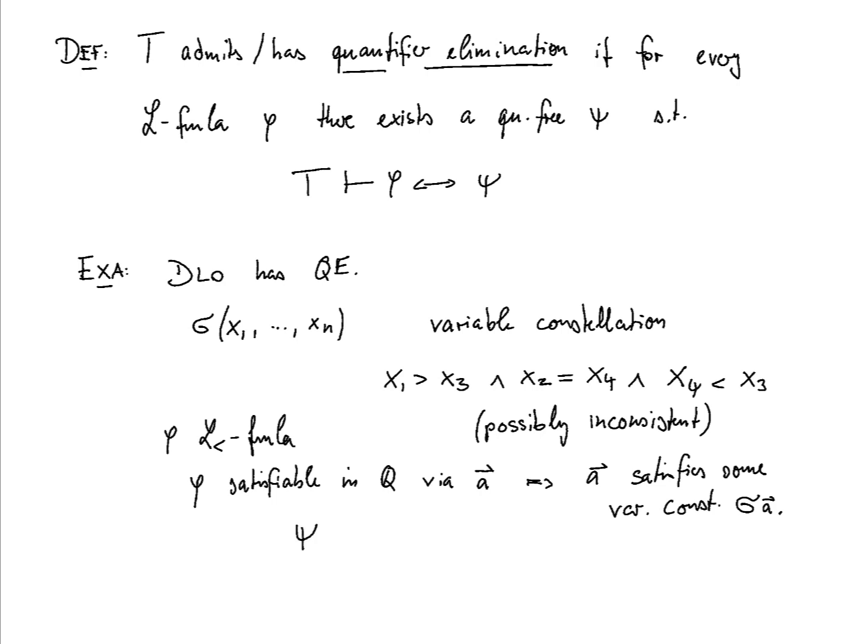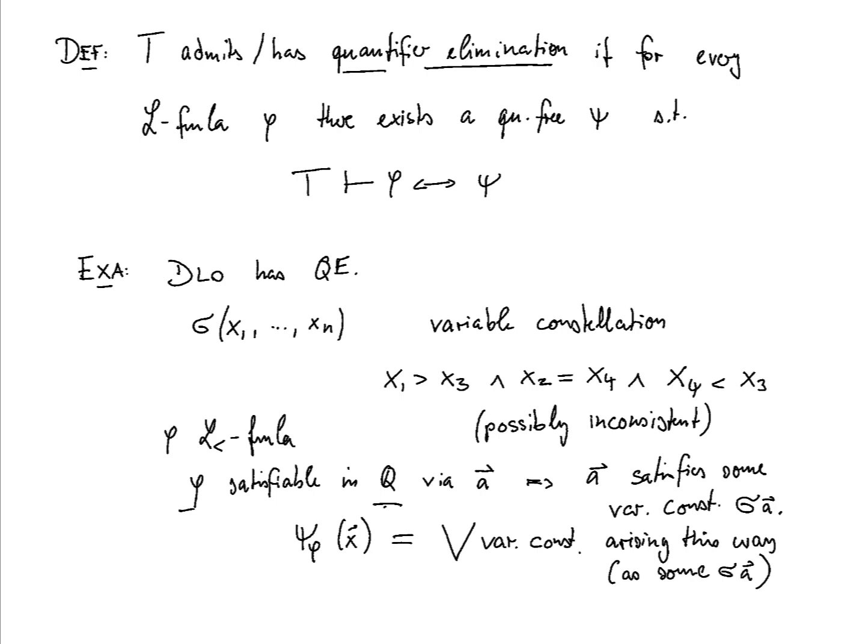So let's call this psi sub phi of x the OR of all the variable constellations that arise this way, as some sigma sub A that satisfy phi in Q. Well, there are only finitely many variables, so there can only be finitely many variable constellations.